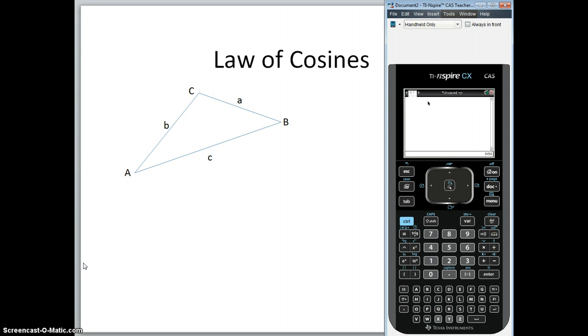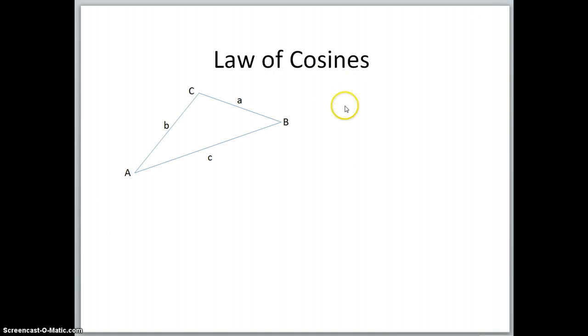In this video, I'm going to be going over the law of cosines, and we'll be looking at using the law of cosines to solve a non-right triangle that doesn't fit for the law of sines.